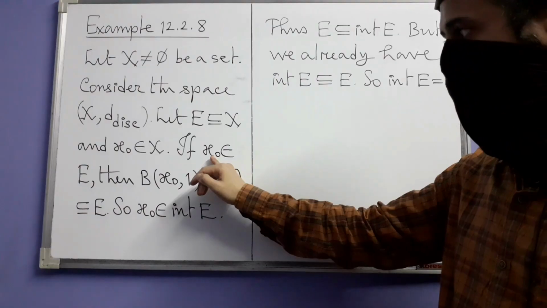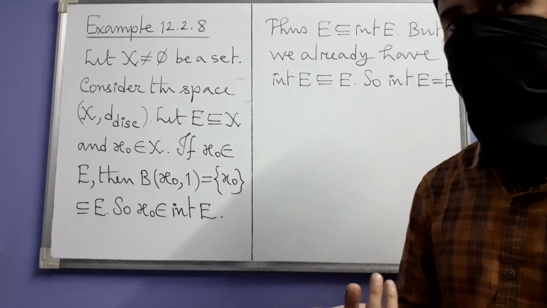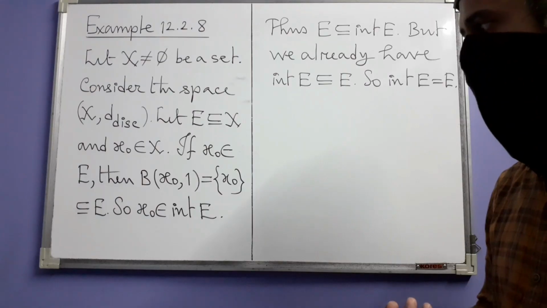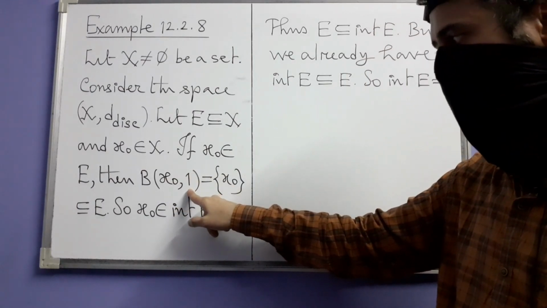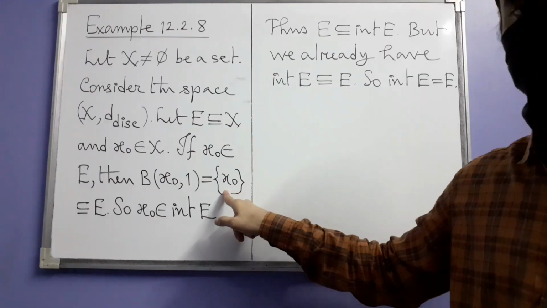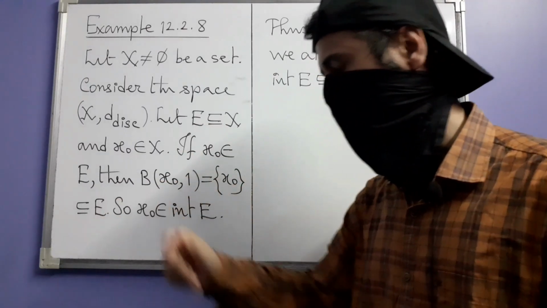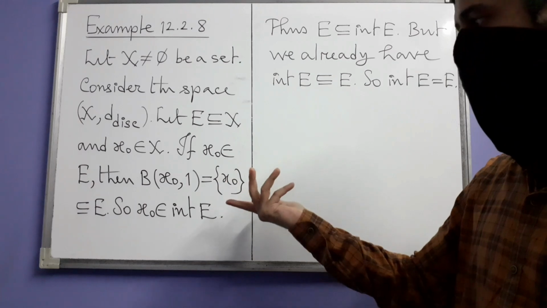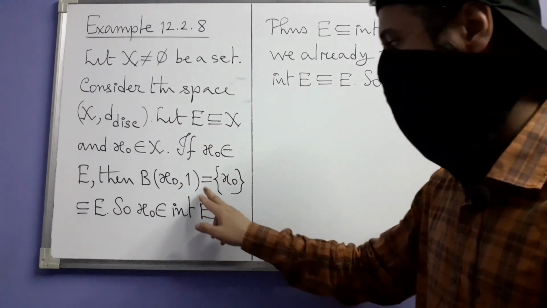Now, if this X0 belongs to E, then what can we say about this X0? Note that the ball centered at X0 having radius 1 is the singleton set {X0}, and because X0 belongs to E, this is a subset of E. We already know that in a discrete space this is what happens.